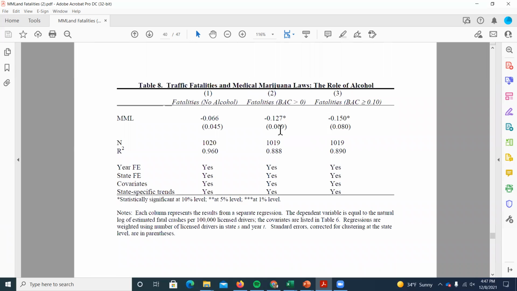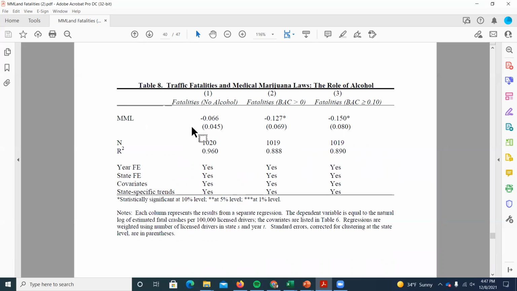They then break this down and say, well, look, there's no reason that this medical marijuana law would change traffic fatalities, or we can't imagine how it would impact traffic fatalities, except for decreasing alcohol consumption. So they said, what happens to the number of fatalities that don't involve alcohol once we legalize marijuana?